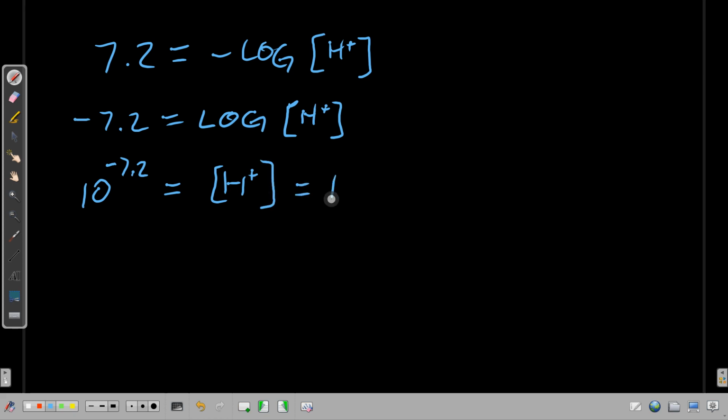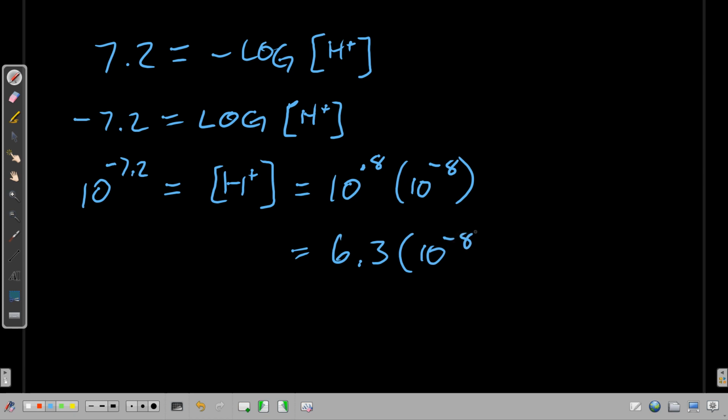But this is really 10 to the power of 0.8 times 10 to the minus 8, because if you add minus 8 and 0.8, you get negative 7.2. 10 to the 0.8 is certainly less than 10 and will be bigger than 1. So I get 6.3 times 10 to the minus 8.